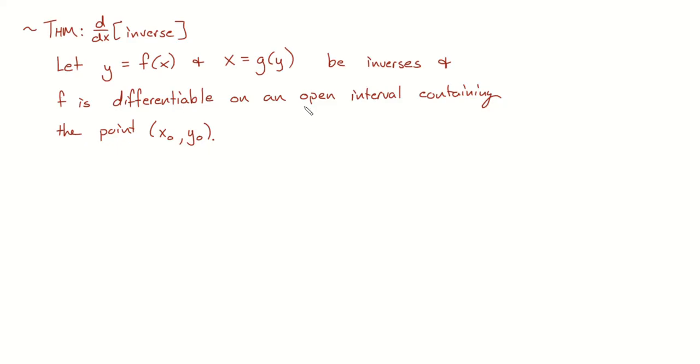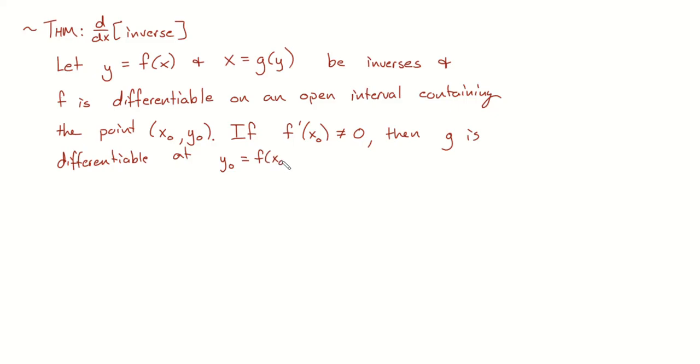When we put these all together, we'll say if it happens to be the case that f prime of x naught, whatever this x value was, is not 0, then we'll say g is differentiable at some y naught value that is equal to f of x naught.